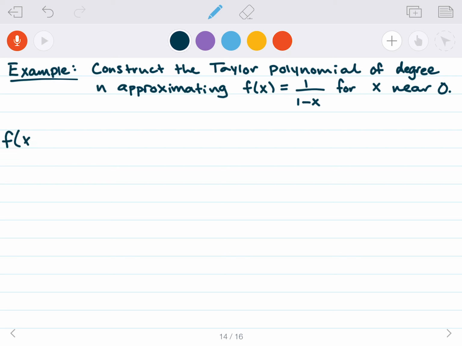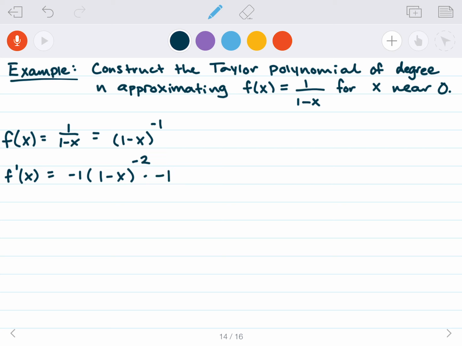We have f of x is equal to 1 over 1 minus x. f prime of x. Well, this guy is the same thing as (1 minus x) to the negative 1. So using the power and the chain rule, f prime of x is going to be negative 1 times (1 minus x) to the negative 2 times the derivative of the inside, which is negative 1.